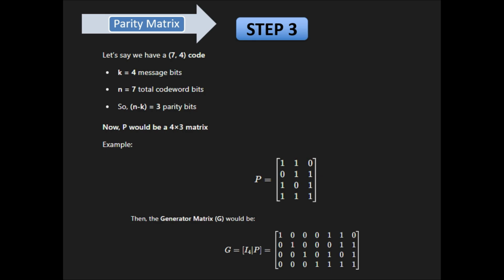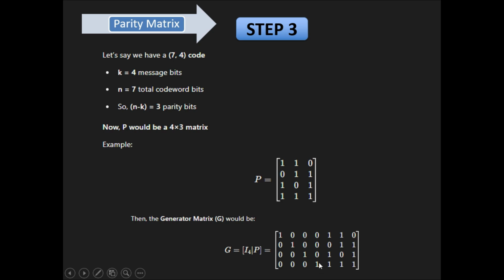Now the generator matrix would be G equal to I of 4, that means 1 0 0 0, 1 1 0 1 0. That means 4 columns and 4 rows. Over here you can see 4 columns, 1 2 3 4.